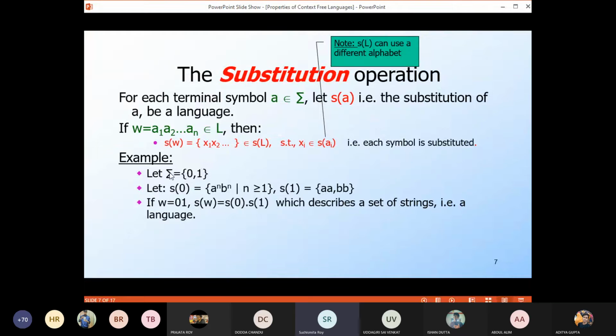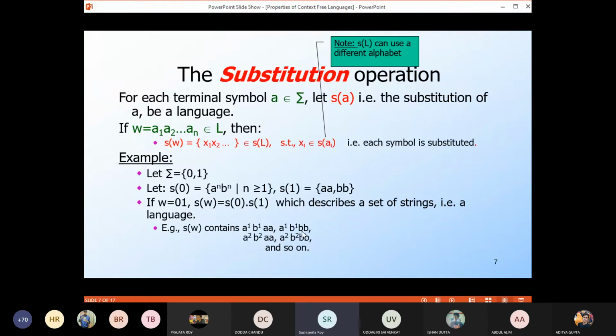So if you have a string from some original language, say W, which is 01, remember this is defined on this sigma, then the substitution of the string would be substitution of 0 concatenated with the substitution of 1, which is described as a set of strings, that is a language. So S(W) now contains many different strings: A1B1AA, where AA is substituting the 1 and A1B1 is substituting the 0.